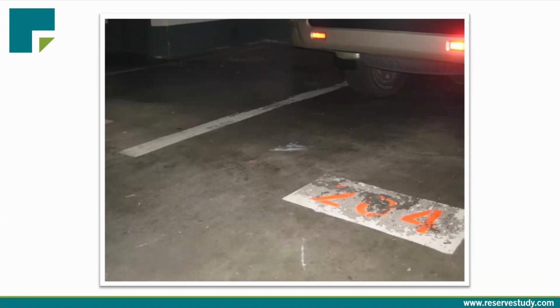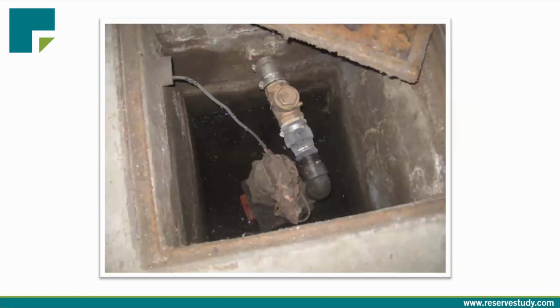And say we're in that same garage and we're taking a look over at the sump pump system. Now, the board may not know that this is even there. That's a very common occurrence, but the engineer on site has seen this before. Replacement hasn't occurred in a long time. However, we know that typically these last around 10 to 15 years.